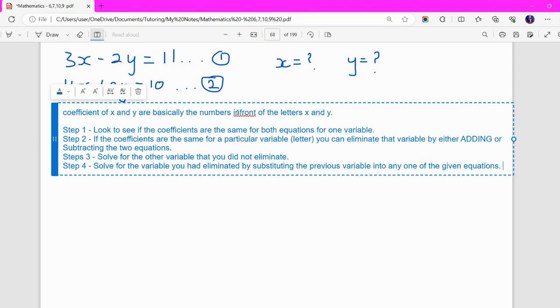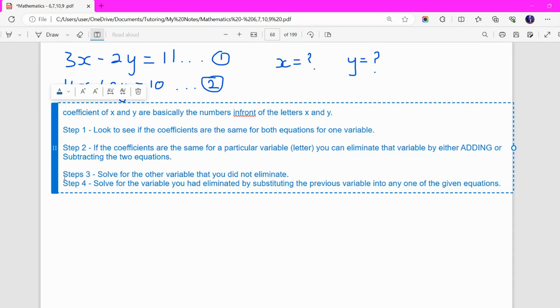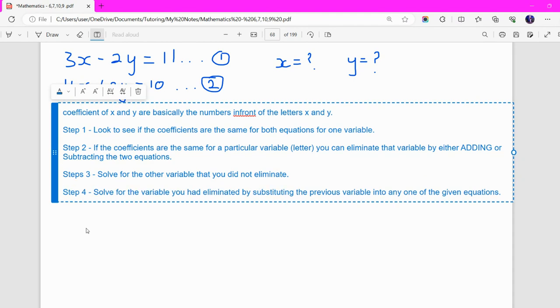Alright, so we're going to use these four steps now to solve simultaneous equations, right?